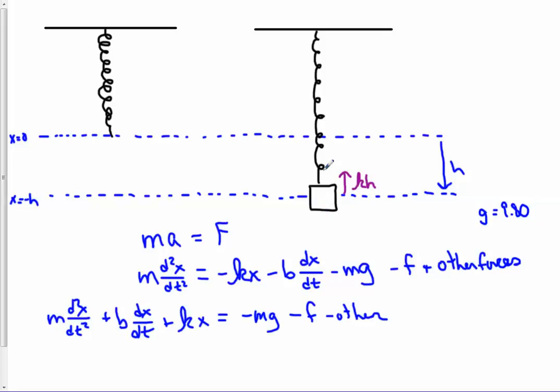It's pushing it upward. But of course, gravity is always pulling downward. But if this is where the block comes to rest, then that must be where kh and mg are balancing each other perfectly. So we have that kh equals mg. So in my differential equation so far, I can replace minus mg with minus kh.